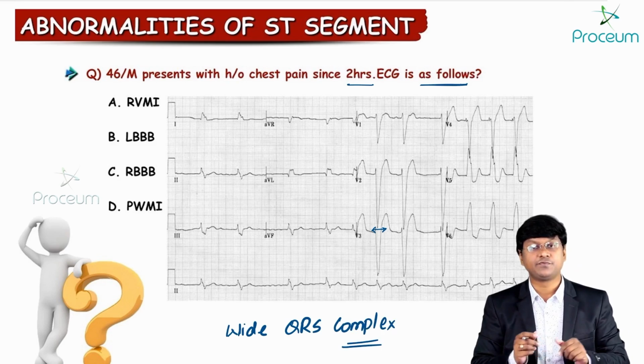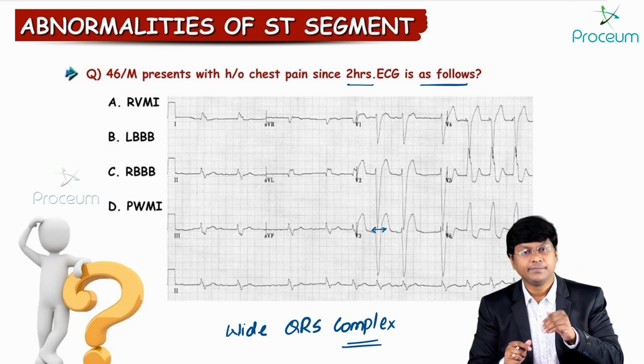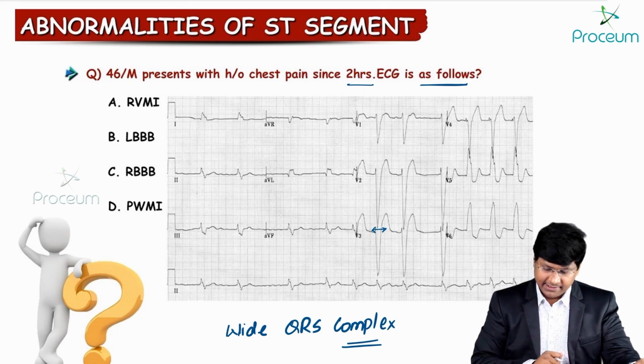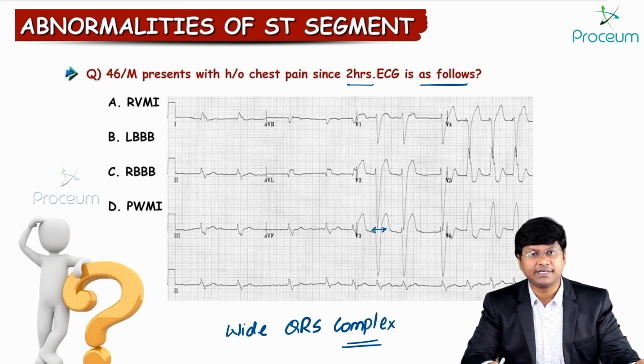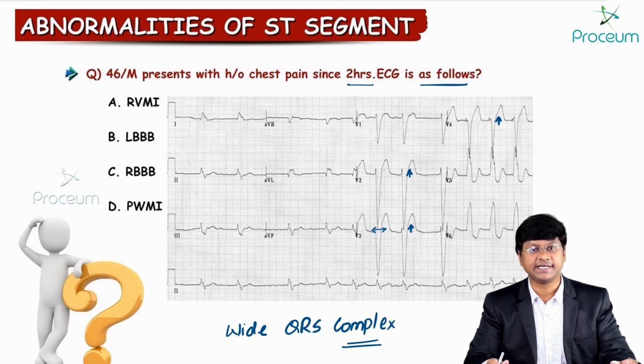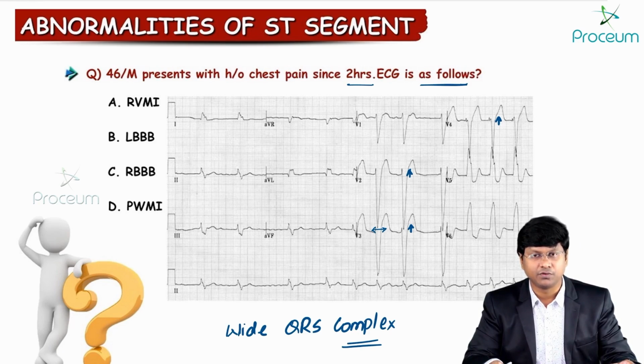Right, first and foremost, the very important thing is the appearance of the wide QRS complex. And the second important thing is the presence of ST segment elevation. And what is the pattern which is being followed?